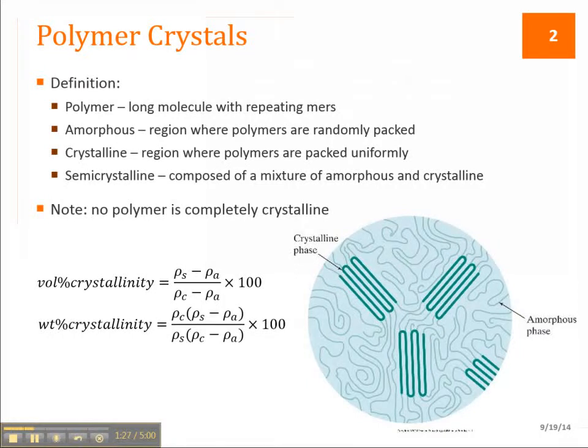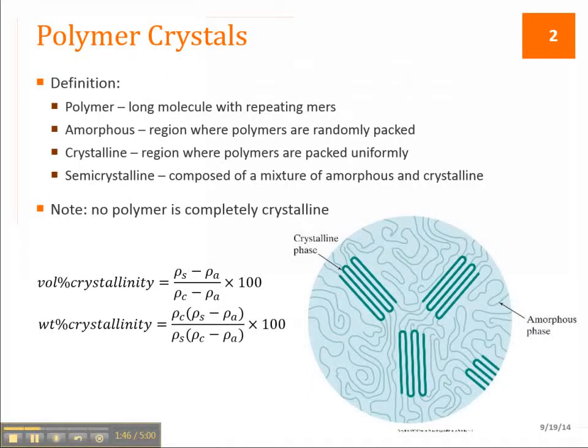What's interesting is for polymers, it doesn't matter how they're packed, only that they're packed uniformly. In an ionic solid, it really mattered that the chlorine was on the corners, all right? But for polymers, that's no longer true.